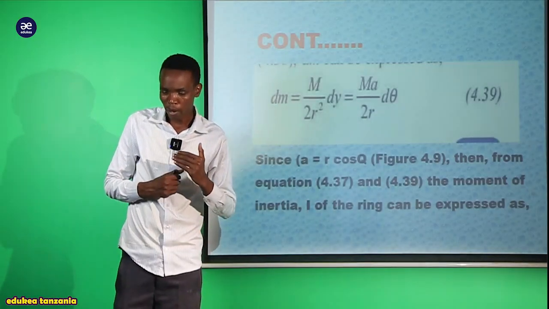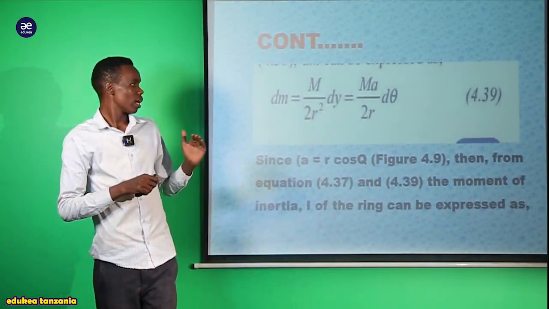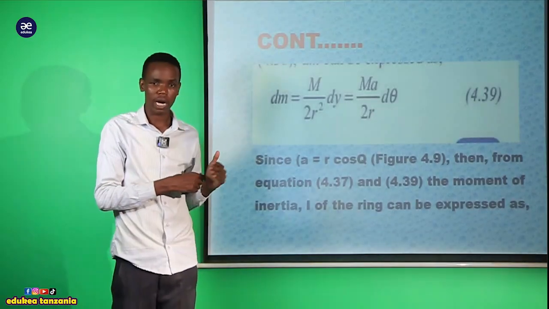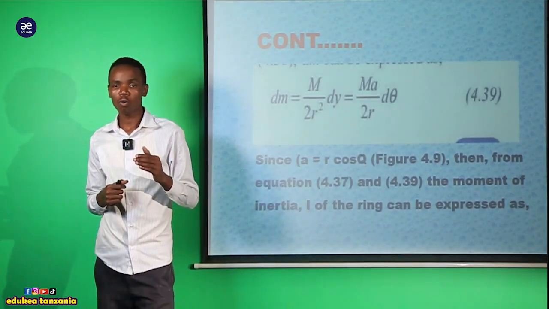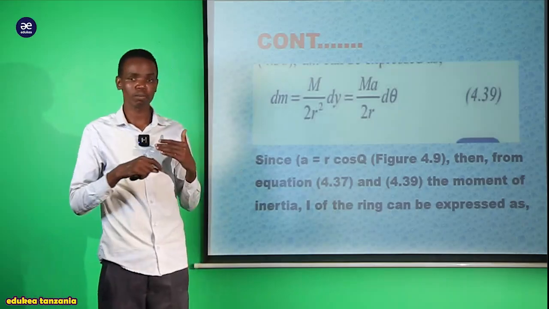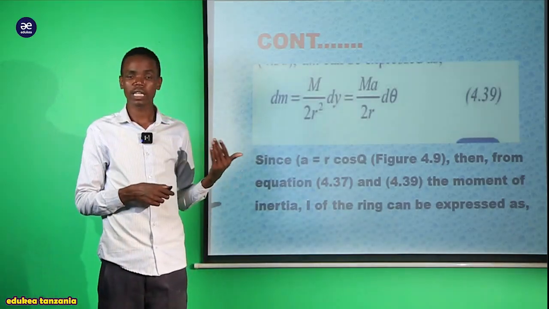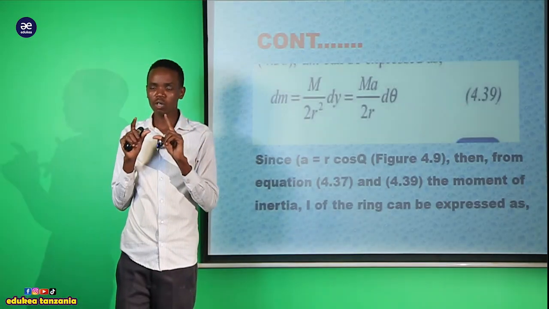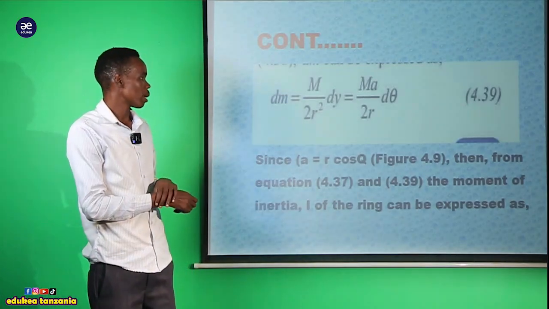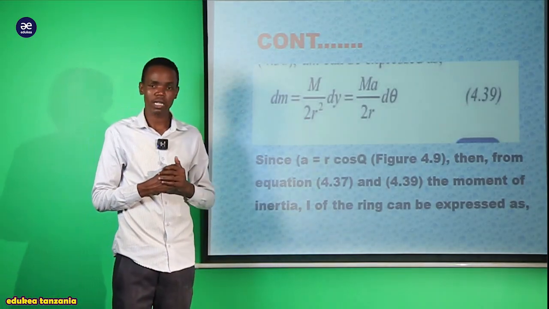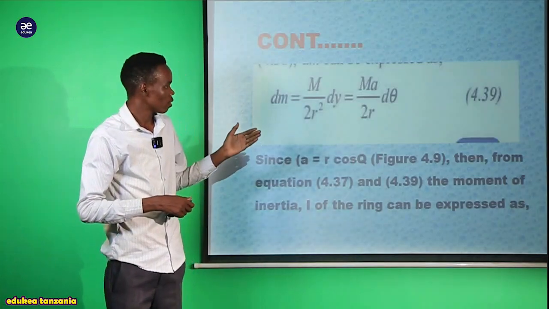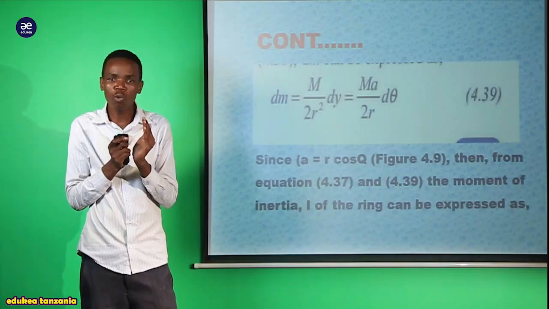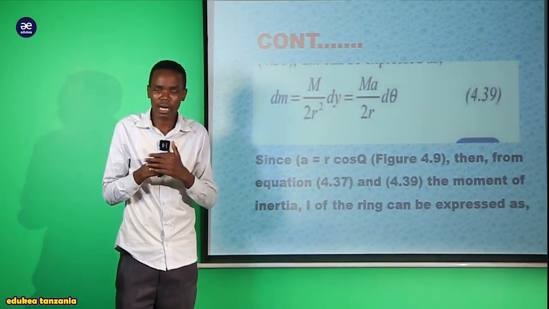If we substitute, we obtain that dm must be equal to m over 2r square, because we have the common pi and 2. If we simplify and substitute here, we obtain dm equals m divided by 2r square, then we multiply it by dy. And after that, if we proceed simplifying, we know that dy is equal to r d theta.